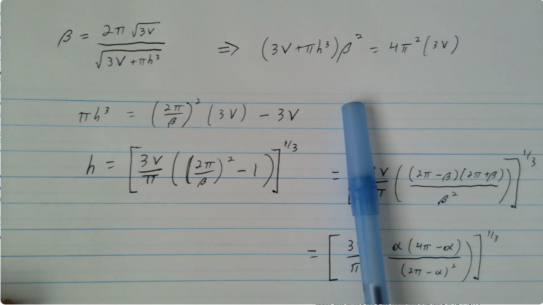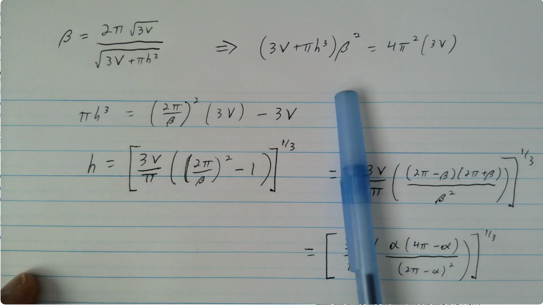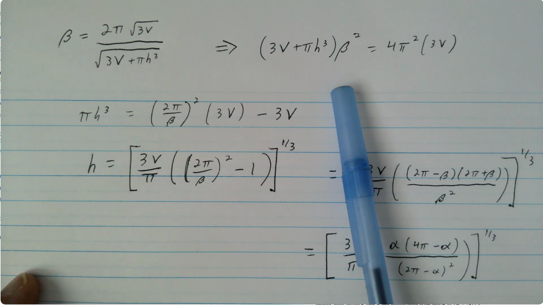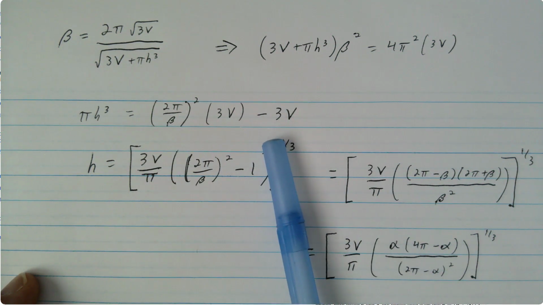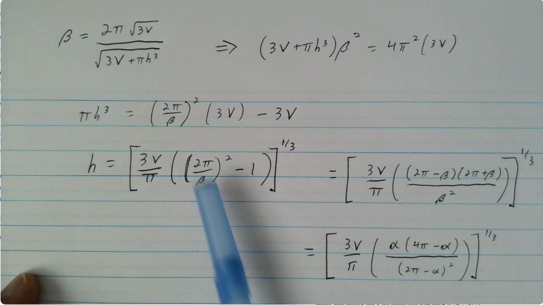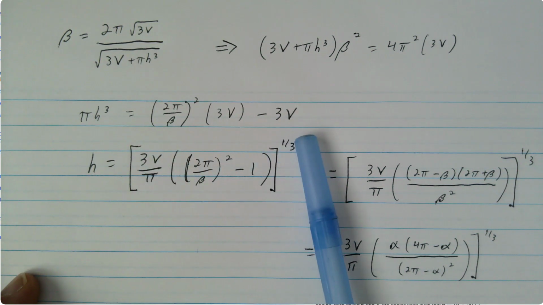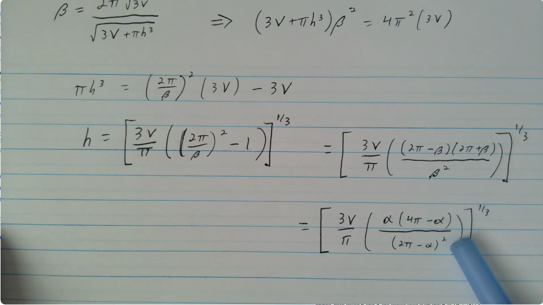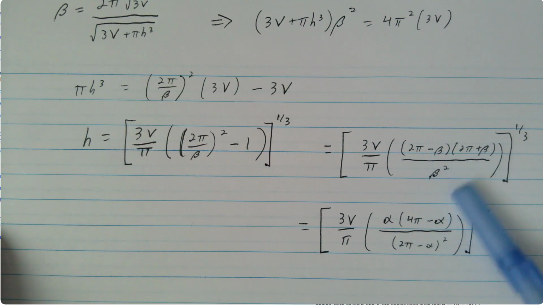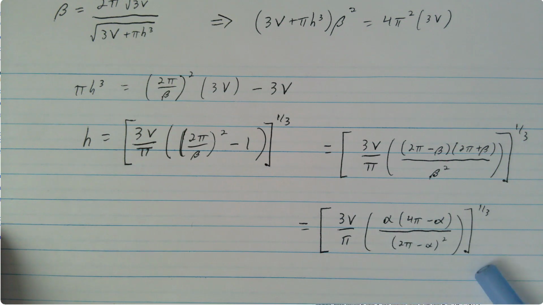In this case it's nice and solvable. So we'll square both sides, cross multiply, and I get pi h cubed is this, so h is this in terms of beta. Or changing it to alpha, beta is 2 pi minus alpha, so just put a 2 pi minus alpha everywhere. I can have h in terms of alpha.